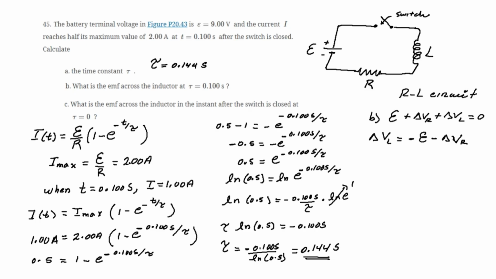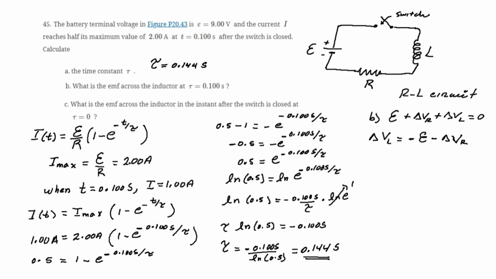The variation of voltage across the resistor will be the current that we have at that time times the resistance of the resistor.